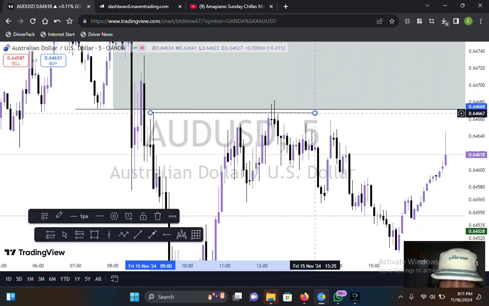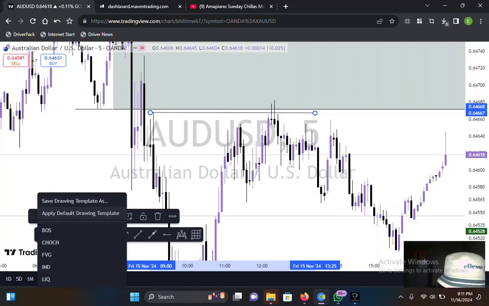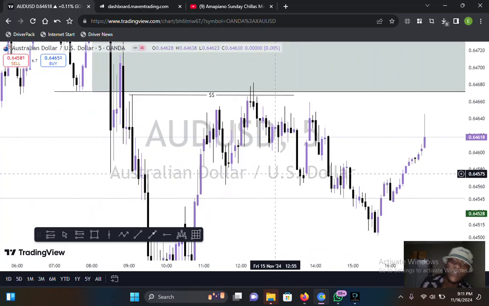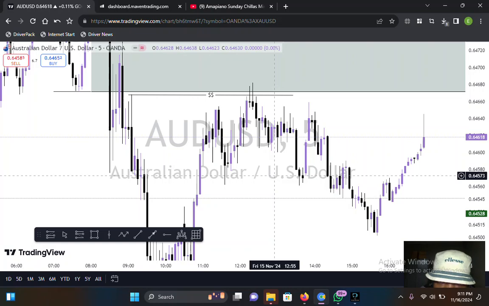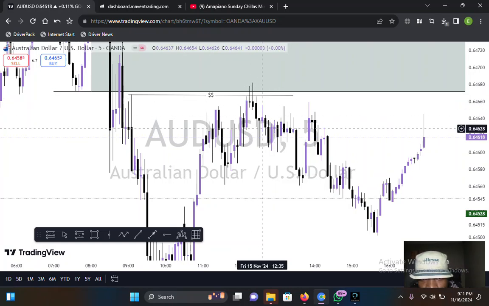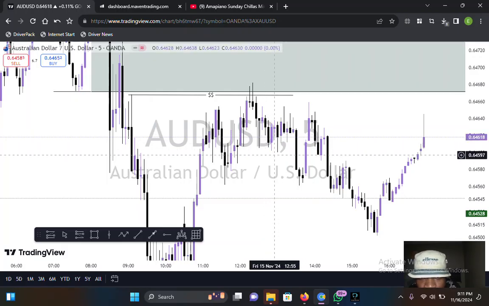Remember, now we are on a lower time frame. After sweeping that liquidity, price created this break of structure here.